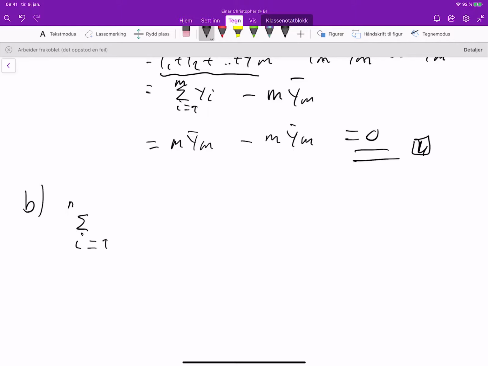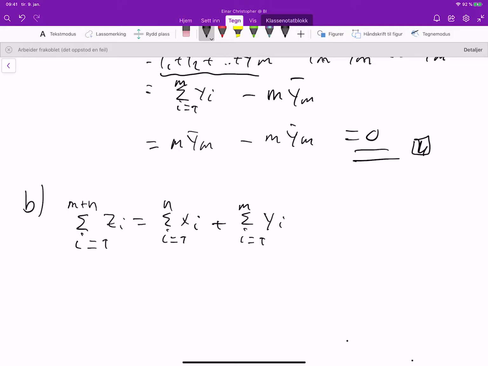You may have understood that, but anyway, here it should stand the sum of set i, which is equal to the sum i equal 1 to n of xi plus the sum i equal 1 to m of yi. This is what is correct. It must be like this.